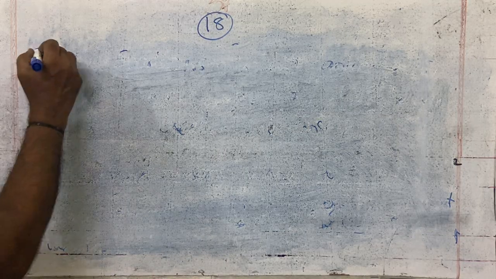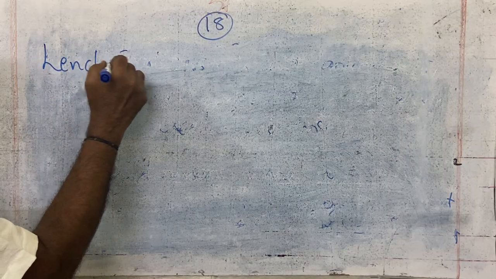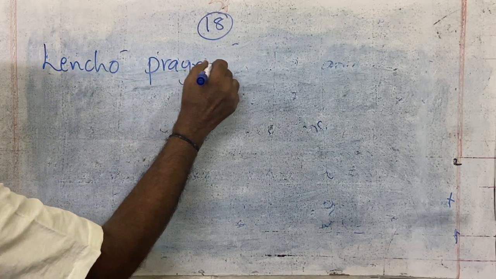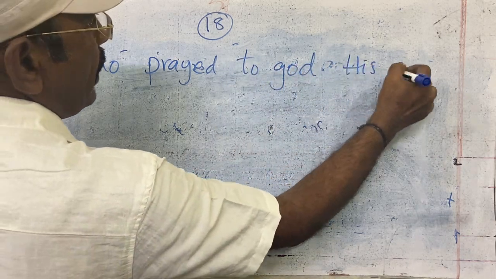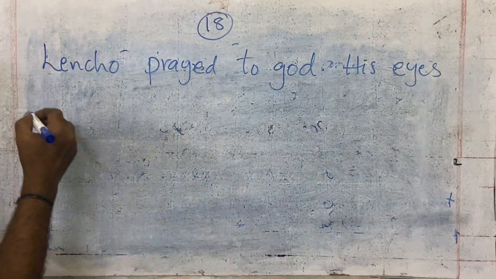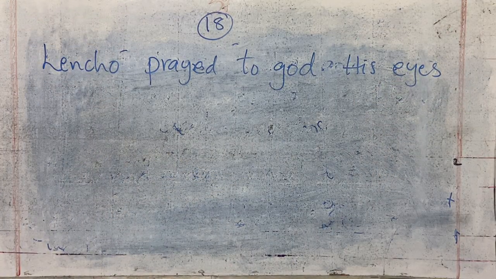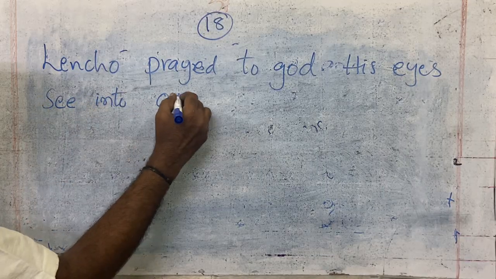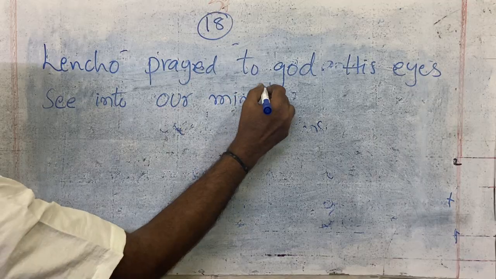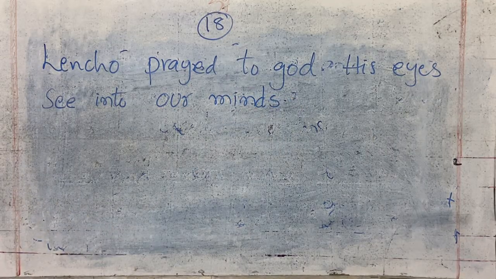The next one is: Lencho prayed to God, his eyes see into our minds. Lencho prayed to God, his eyes see into our minds. The meaning is that much faith he is having in God, we are thinking. So here, whose.